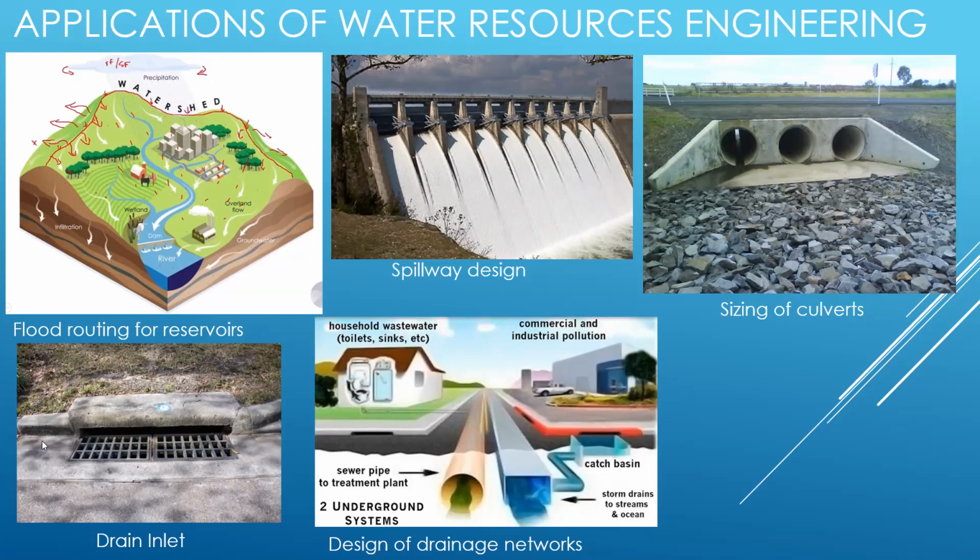Then if you look at a simple thing like a drain inlet in a road, if you don't provide an adequate number of drain inlets, what will happen to roads? They will get flooded, right? Because they are impervious layers. So to size these drain inlets, you need to know about the hydrological applications in the area.